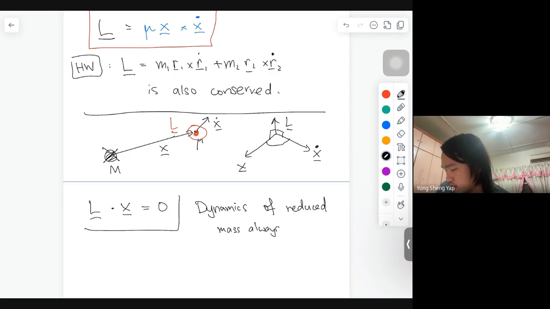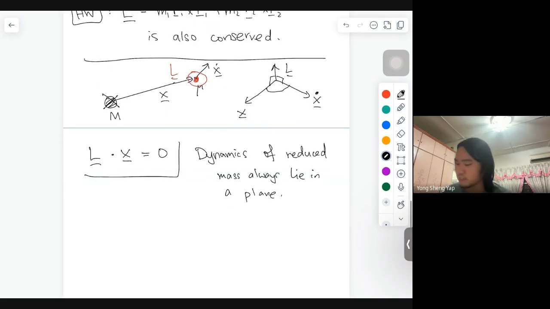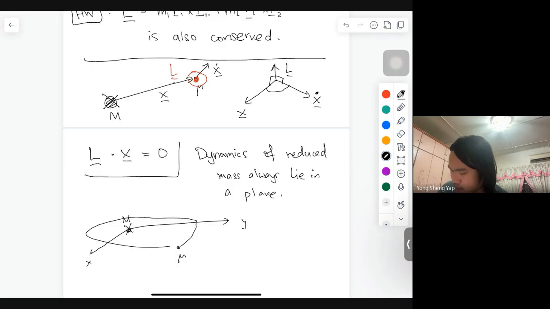The dynamics is always planar for a two-body system, so you can always find a plane, like xy, where the reduced mass just goes about, and the angular momentum always points perpendicular to the plane that it is moving in.